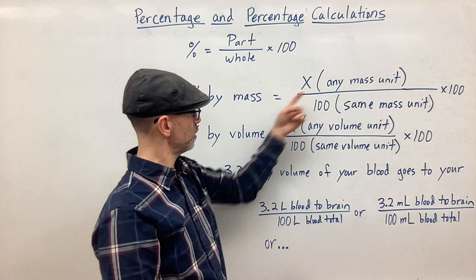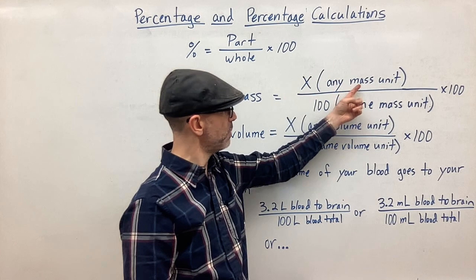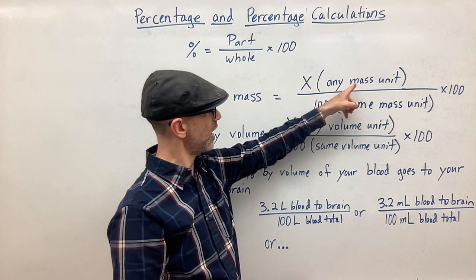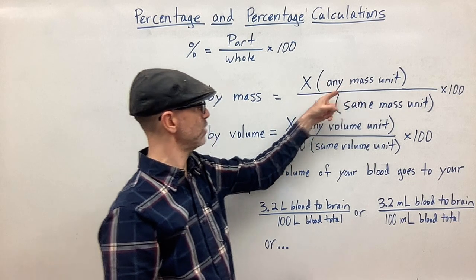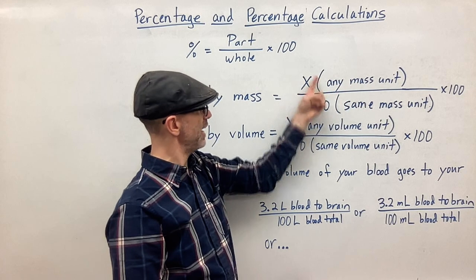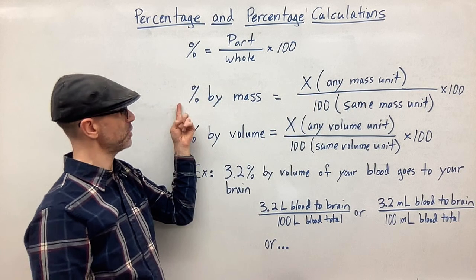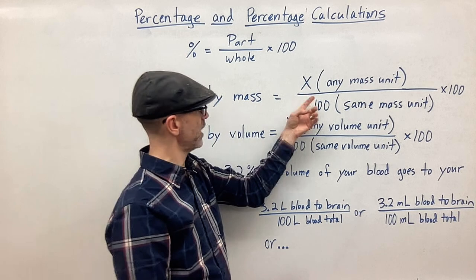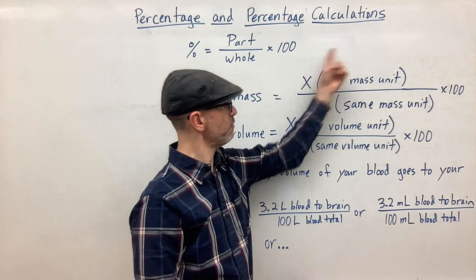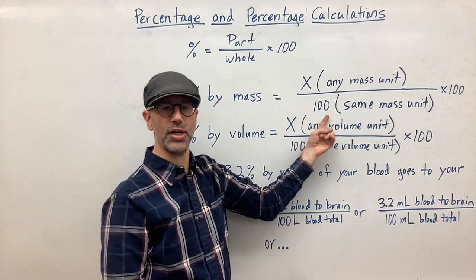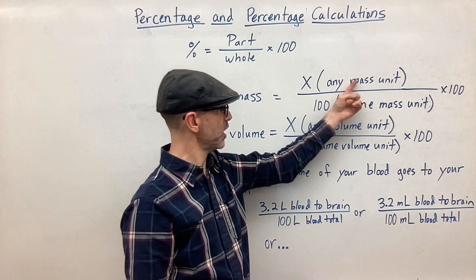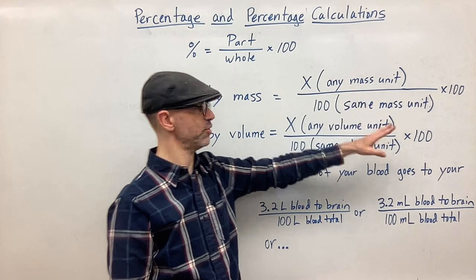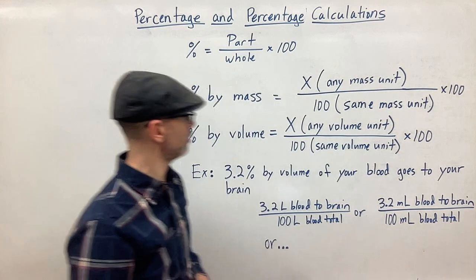It could be grams, pounds, kilograms, whatever, as long as it's a mass unit. So whatever X is, that's determined by your percentage. Then you've got X mass units divided by 100 of the same mass unit. So if you're using grams up here, then you're using grams down here, then you multiply by 100.